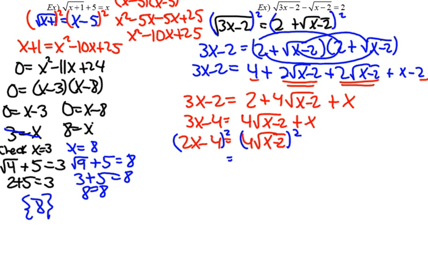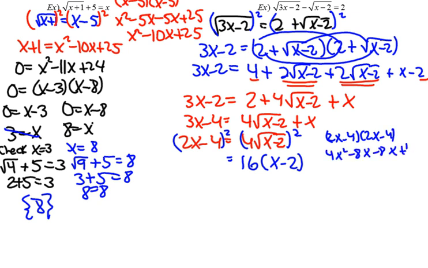But you can square 4 very easily. That's 4 squared is 16. Square root of x minus 2 times square root of x minus 2 is just x minus 2. So 2x minus 4 squared is 4x squared minus 8x plus 16.